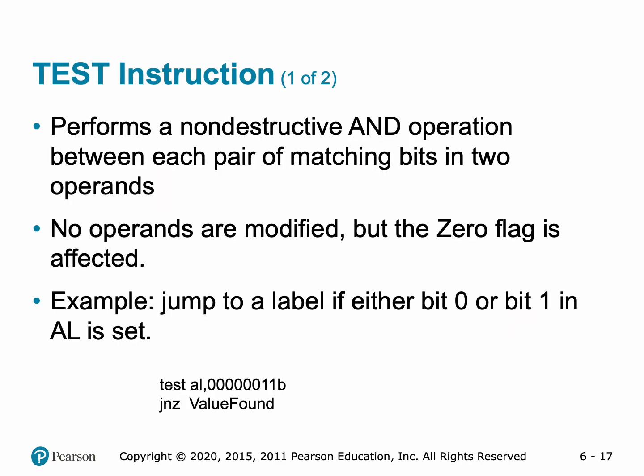Okay, next slide. Here's the TEST instruction. Again, it performs an AND operation, but it just doesn't change the destination. So no operands are modified, but the 0 flag is affected.